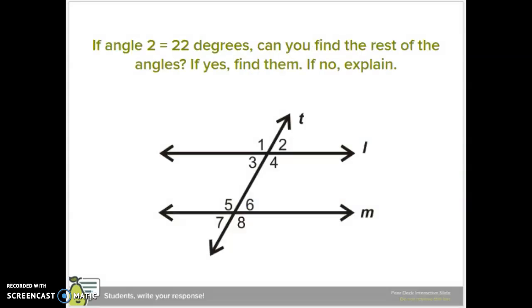If we know angle 2 is 22 degrees, and we know that lines L and M are parallel, can we find the rest of the angles? Hopefully you said yes, right? Because I kind of gave it away earlier, so pause the video and try and find the rest.